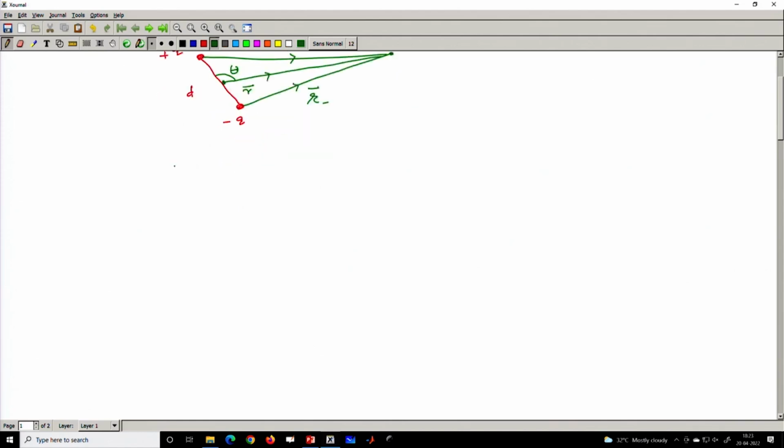This calculation is already done. The potential due to the dipole at point r comes up to be 1 by 4 pi epsilon 0, and then q d cos theta divided by r square. That is a very important thing.